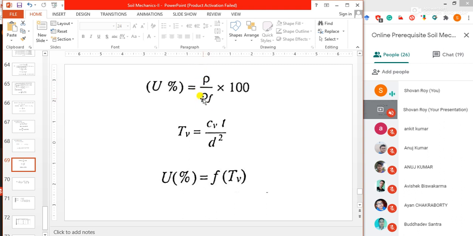So rho by rho f, the ratio of settlement to final settlement, into 100, is the degree of consolidation in percentage.